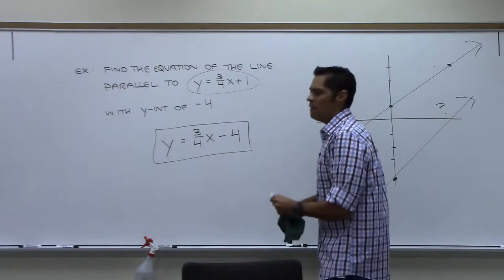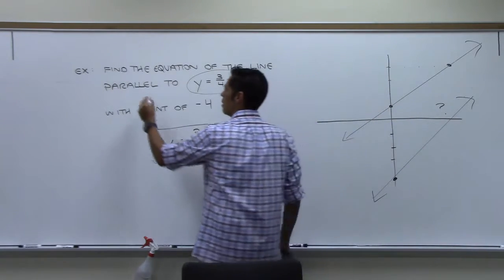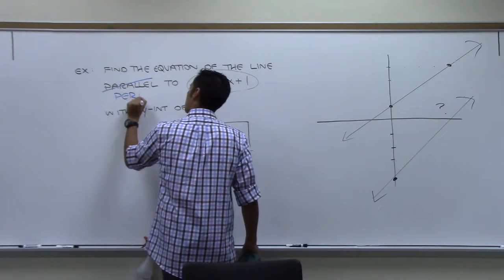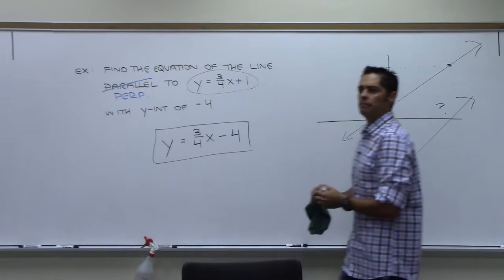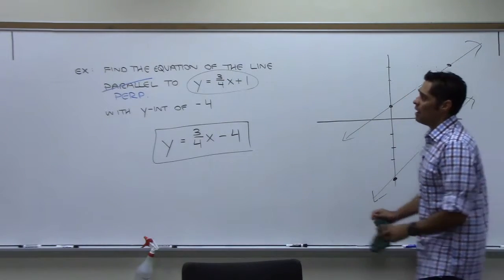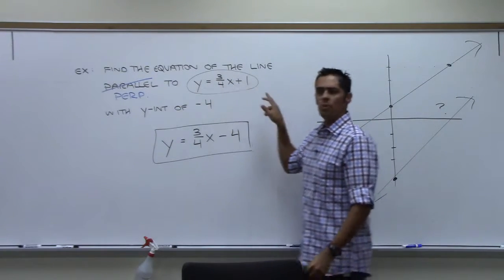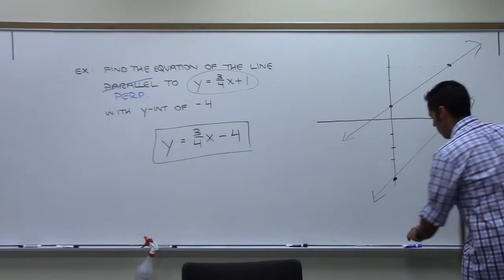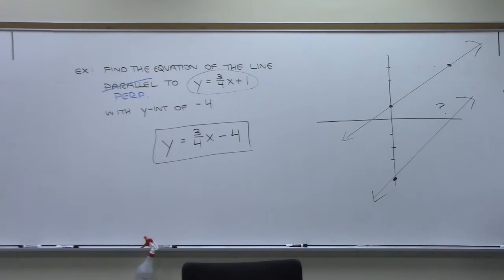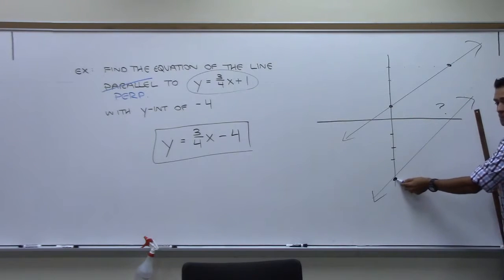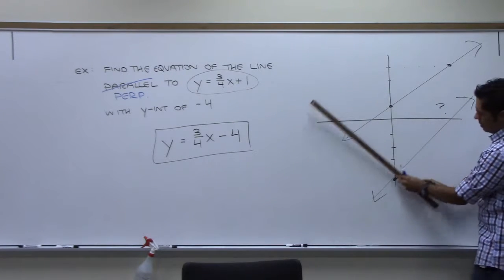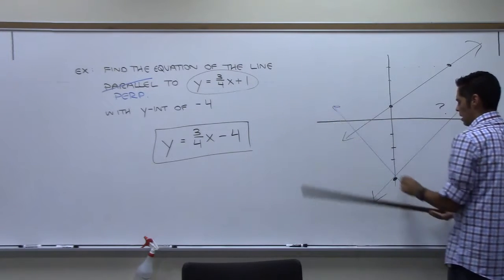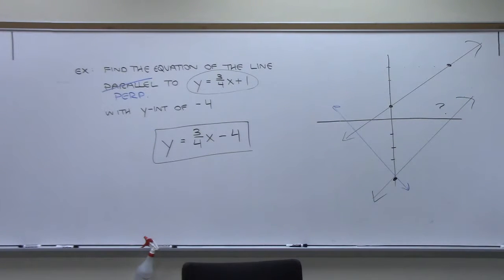How about this? What if I change the directions and I ask you to find the same thing but perpendicular? So find the equation of the line that's perpendicular to this one and still has the same y-intercept. So now I'm looking for the line that goes through this point, but is going to be hitting this one at a 90-degree angle instead.